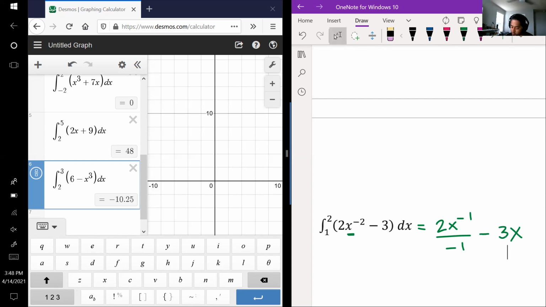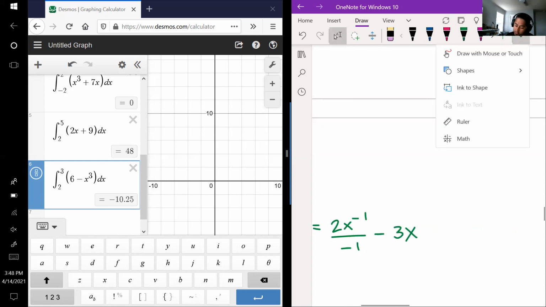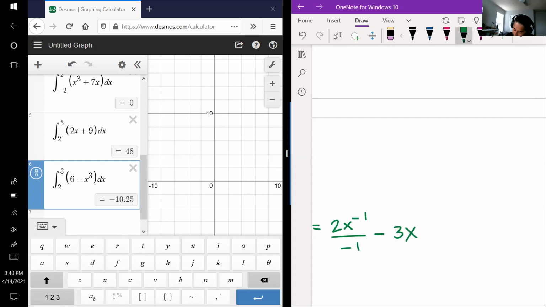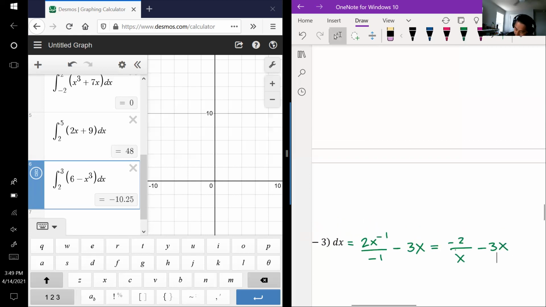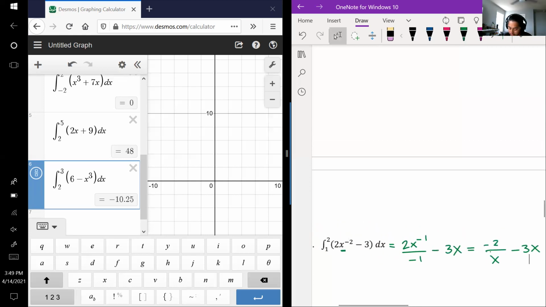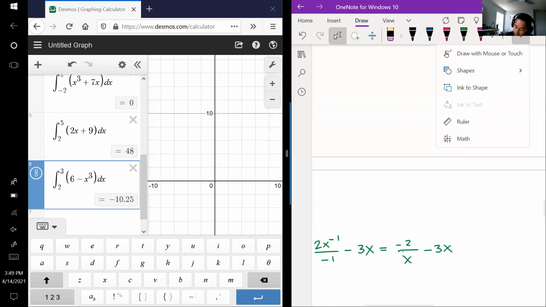And we evaluate from 1 to 2, but of course I want to make it look pretty. So I'm going to rewrite this as negative 2 over x minus 3x. There we go. And we're evaluating from 1 to 2.